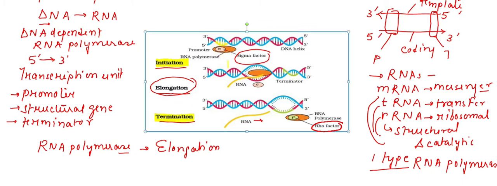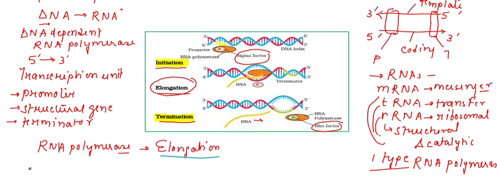After the binding of these factors, the specificity of the process alters. So this is important here. RNA polymerase is only capable of catalyzing the elongation.